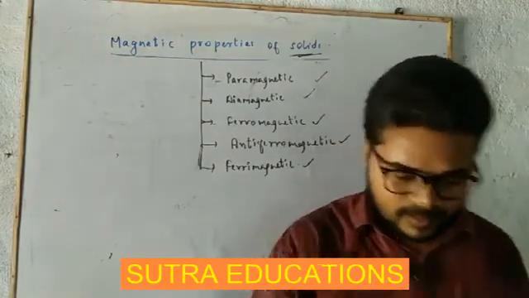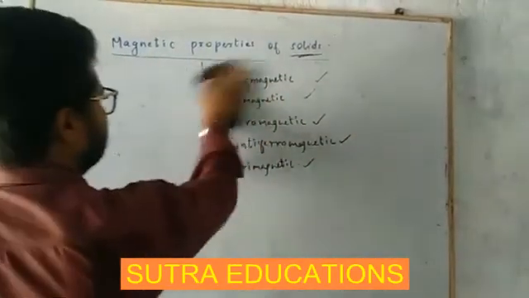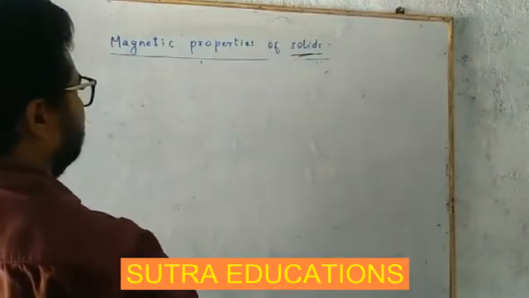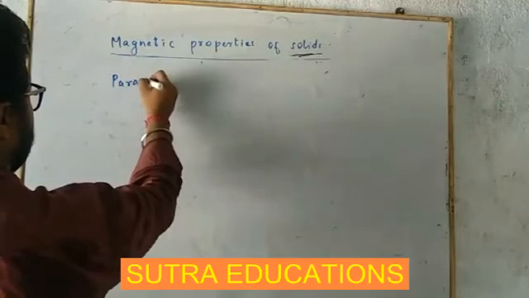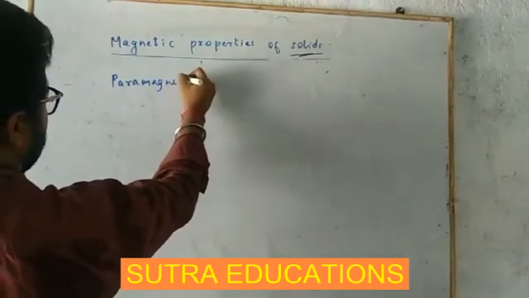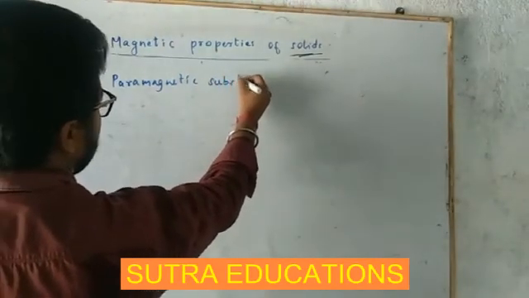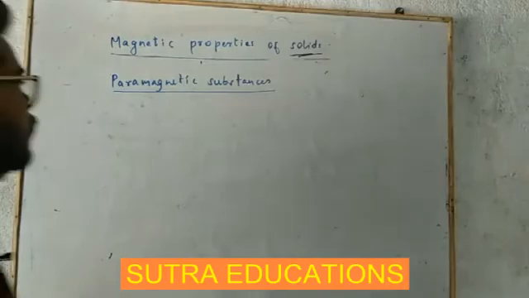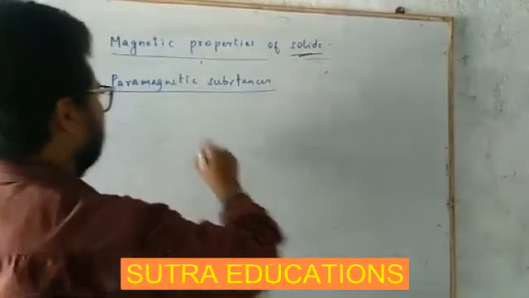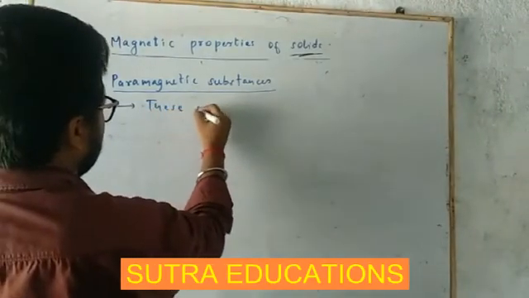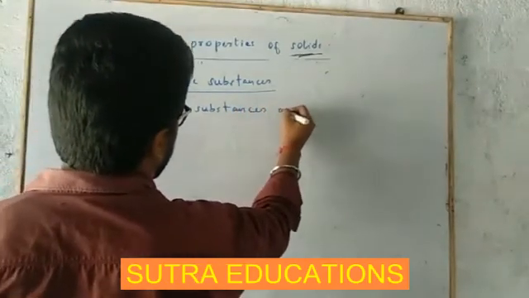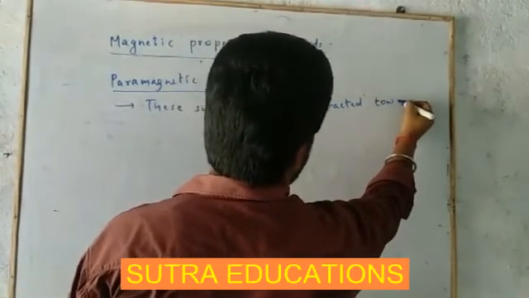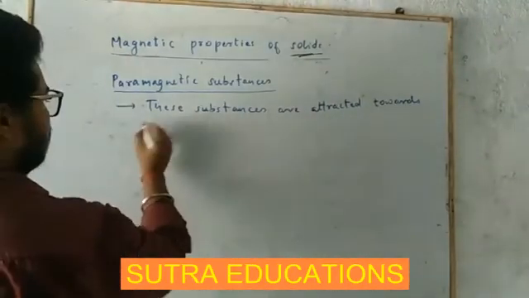So right here, paramagnetic substances. These substances are weakly attracted towards a magnetic field.